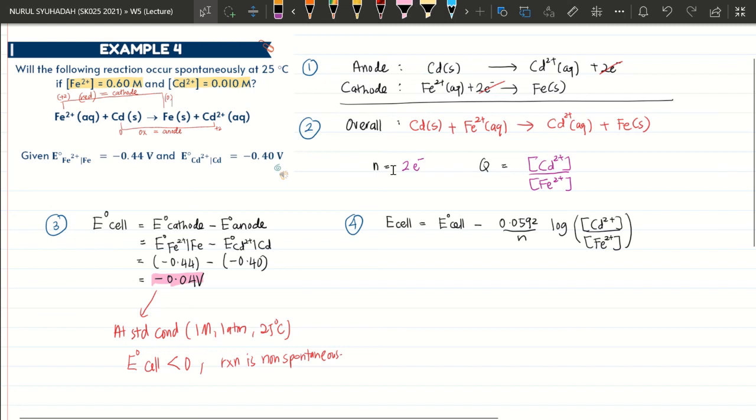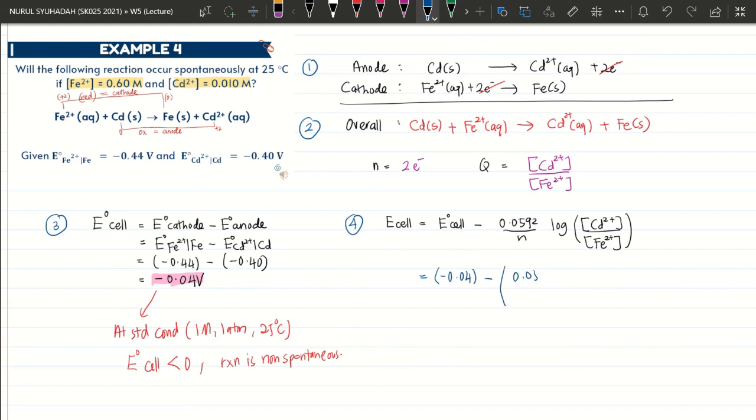This is your Nernst equation, and we're going to substitute all the information that we already have. The value of the E cell is what we need to find. The value of E naught cell is negative 0.04 minus 0.0592 over 2, log, concentration of Cd2+ 0.010 over Fe2+ 0.6.